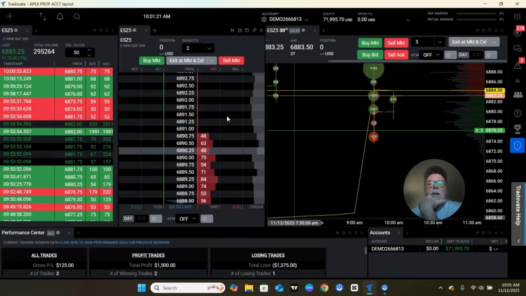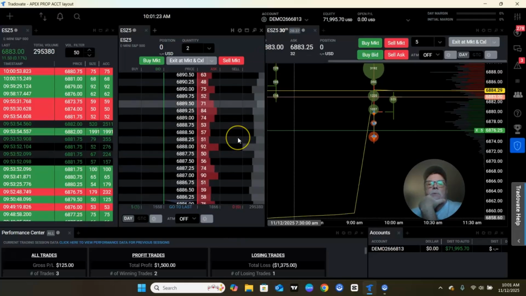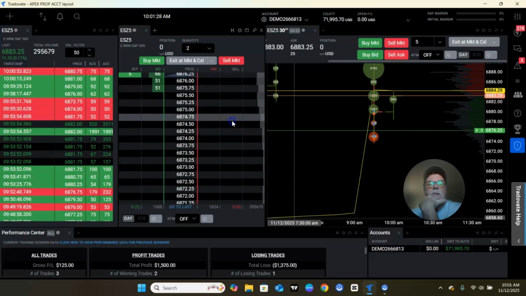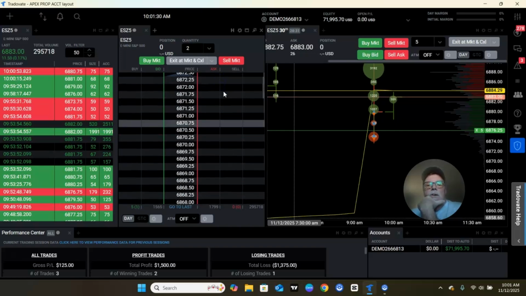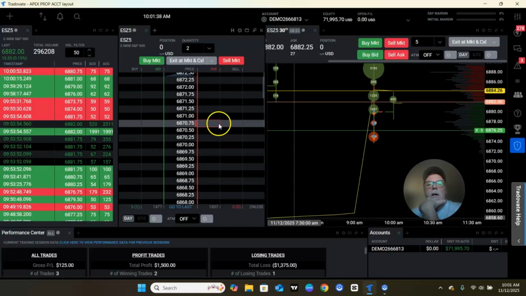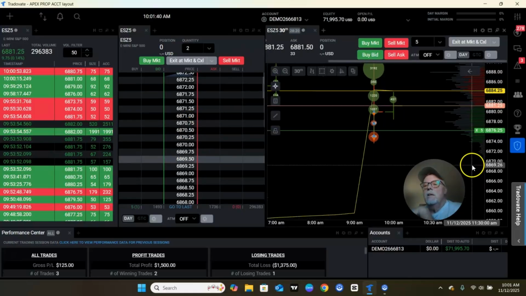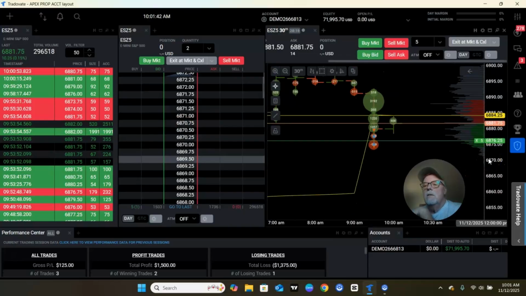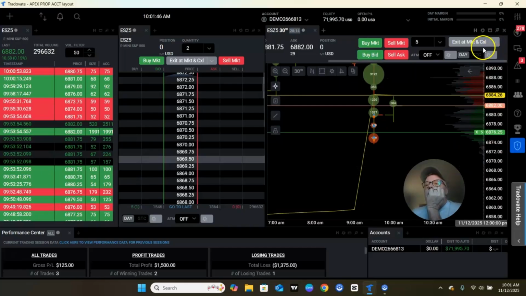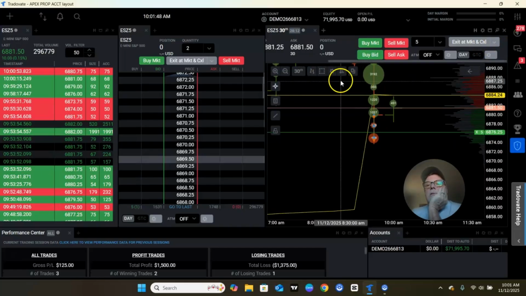What I like about it is I can get a distribution at exact prices over here, and I can see the market came down to here, and then there was nobody willing to sell anymore, so it had to go back up. It did not go below 68.70, which is indicated. I don't have it on. Normally I'll have on my low and high.